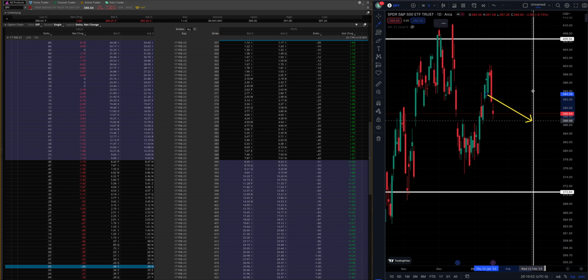And why do we have those on the chart? Because the complicated options model formula tells us that within 29 days, there is a plus and or minus $18 expected move for the SPY between now and February 23rd.